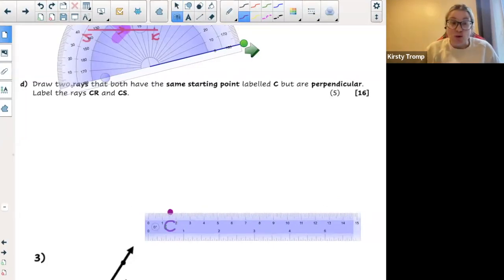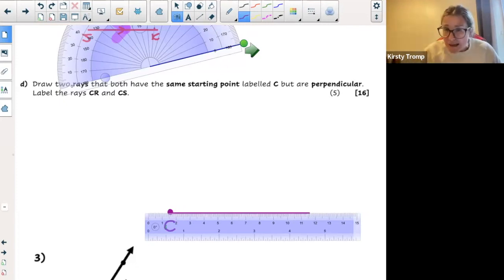I need to draw two lines. I need to draw one that is labeled as CR, and then I need a perpendicular line that's CS. So I'm going to start with CR. There is C. I'm going along my ruler, making a nice long line. Guys, don't make these tiny short little lines.